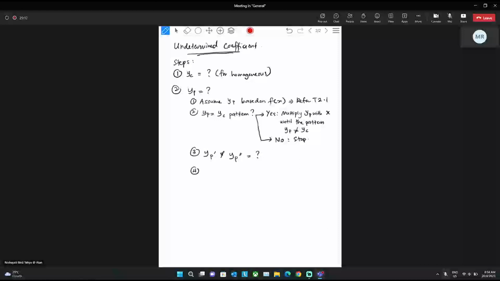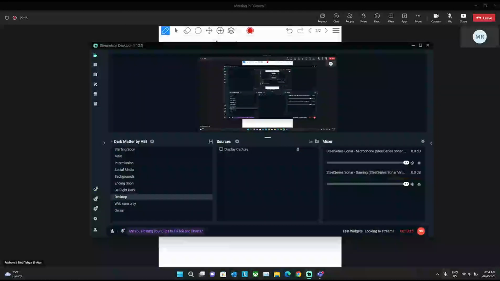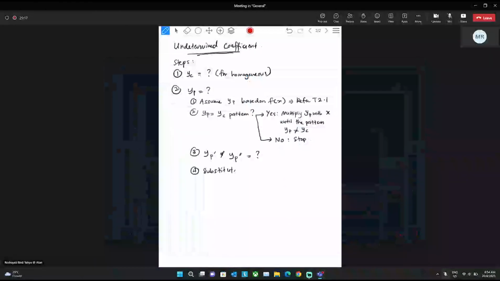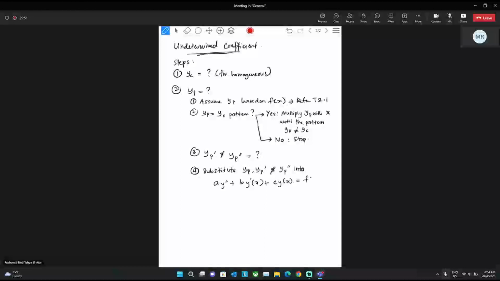Number 4, you need to substitute yp, yp prime, and yp double prime into a y double prime plus b y prime x plus c y x equal to fx.